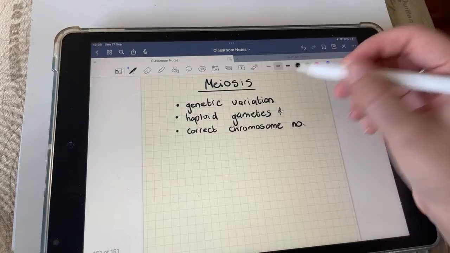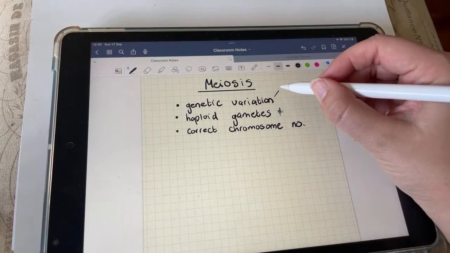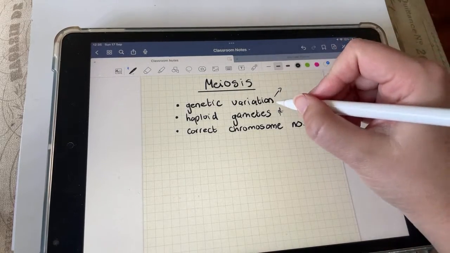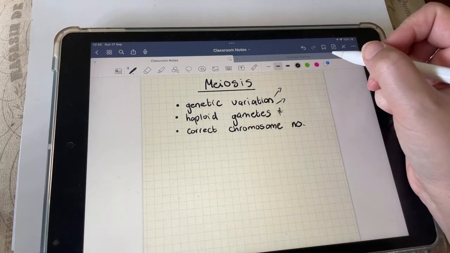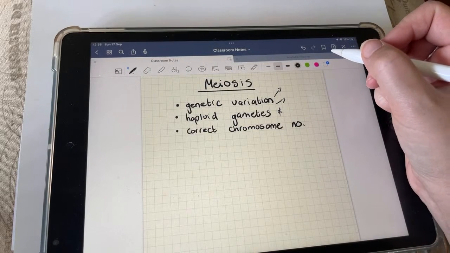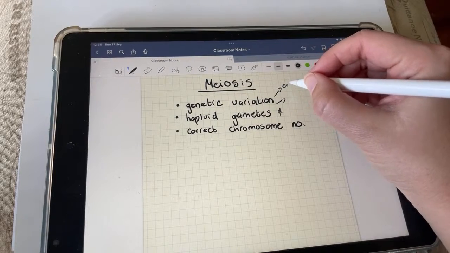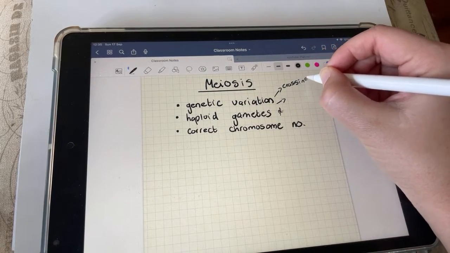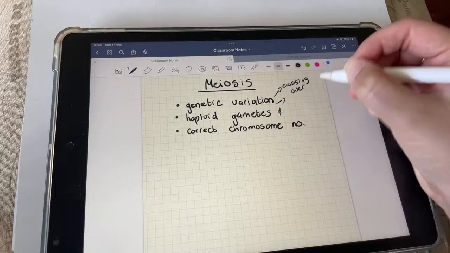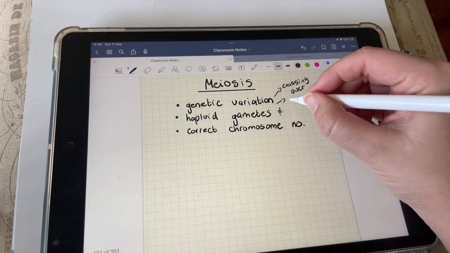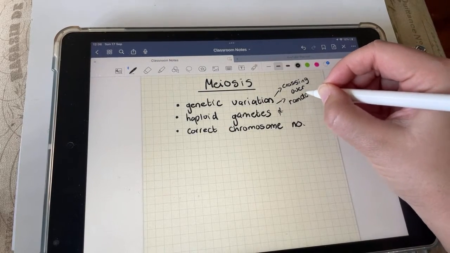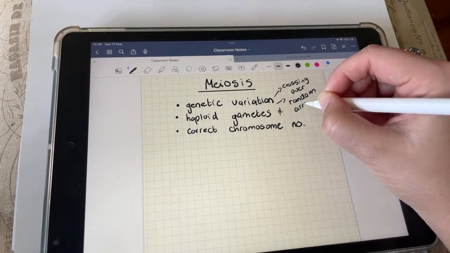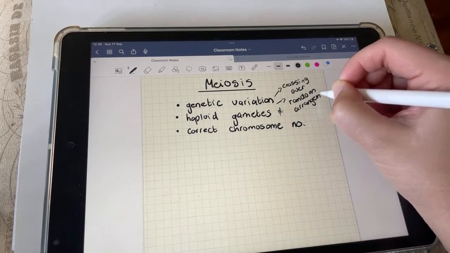When it comes to genetic variation, there are 2 sources of genetic variation that we must be familiar with, which is crossing over, which I'll talk about just a little bit more now, and what we call random arrangement.